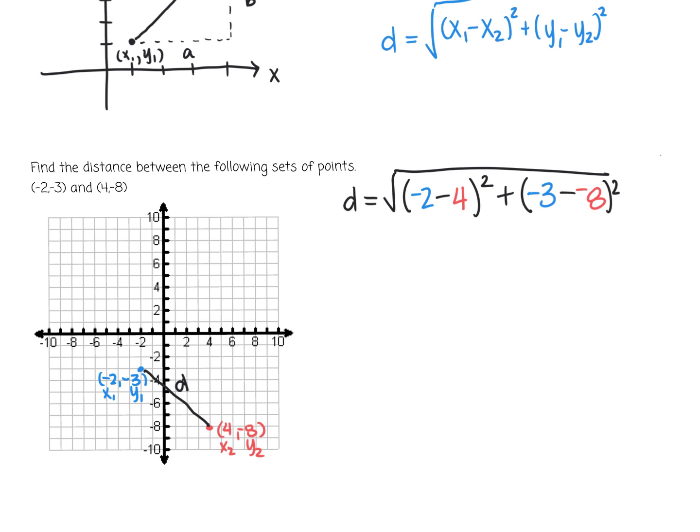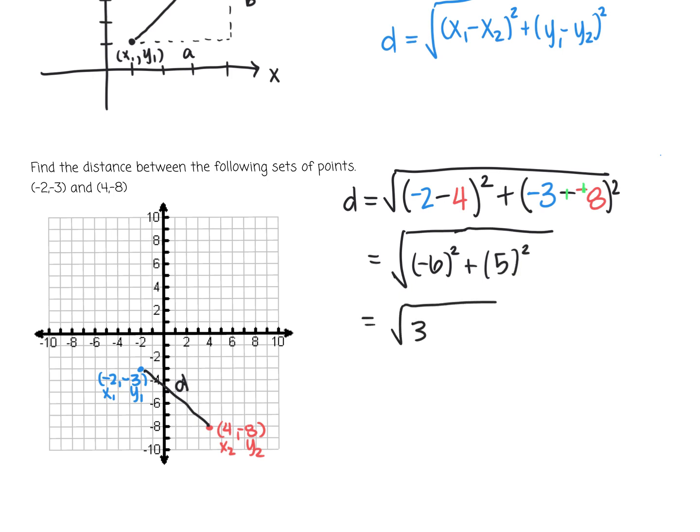And now I'm just going to simplify. So -2 minus 4 is going to give me -6 squared, plus, now in that second set of parentheses, I have -3 minus -8. And the minus and negative is going to turn this into addition, so I have -3 plus 8, which is going to give me 5 squared.